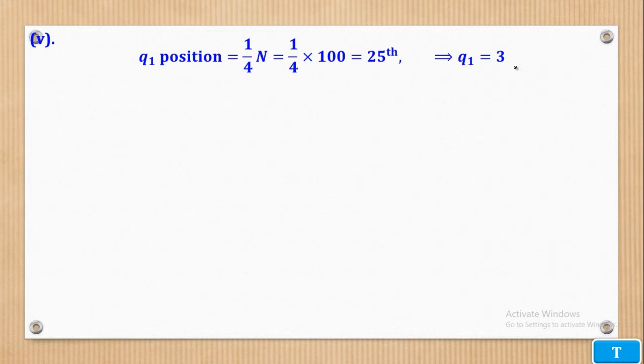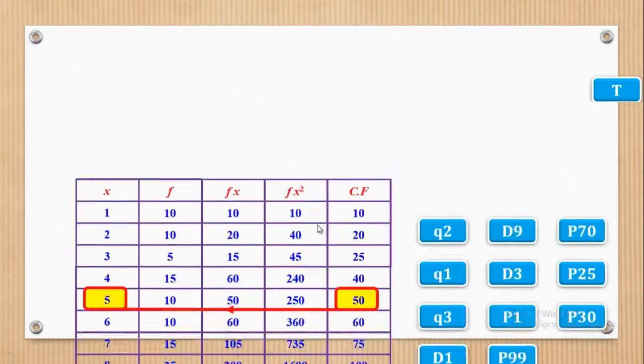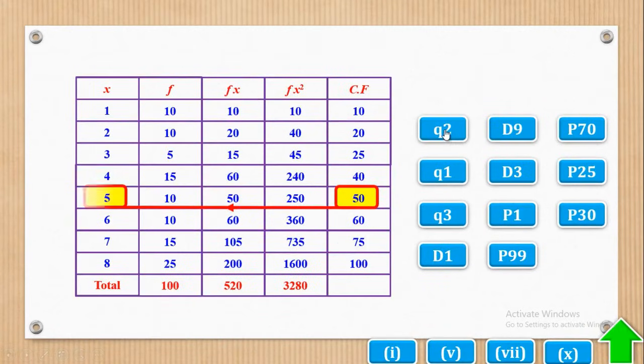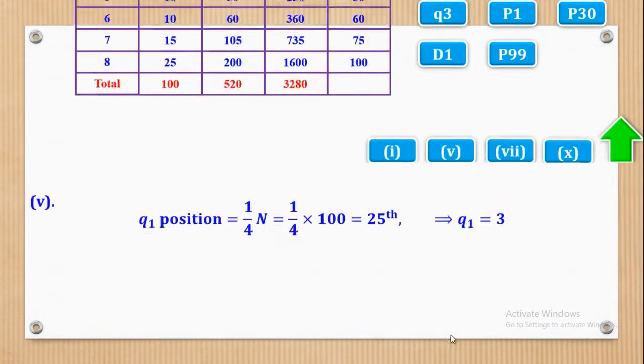Now how did we get this 3? We shall go back to our table and look for, let's first remove this. So we shall look for a value slightly greater than or equal to 25. Now the good thing, we have 25 exactly here, and it corresponds to 3 in the column of x. Therefore we shall come and conclude that the lower quartile is 3.